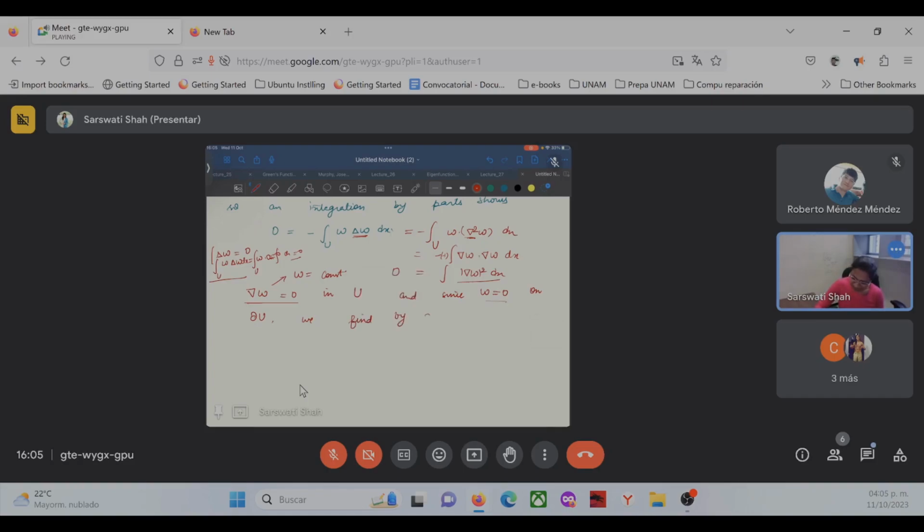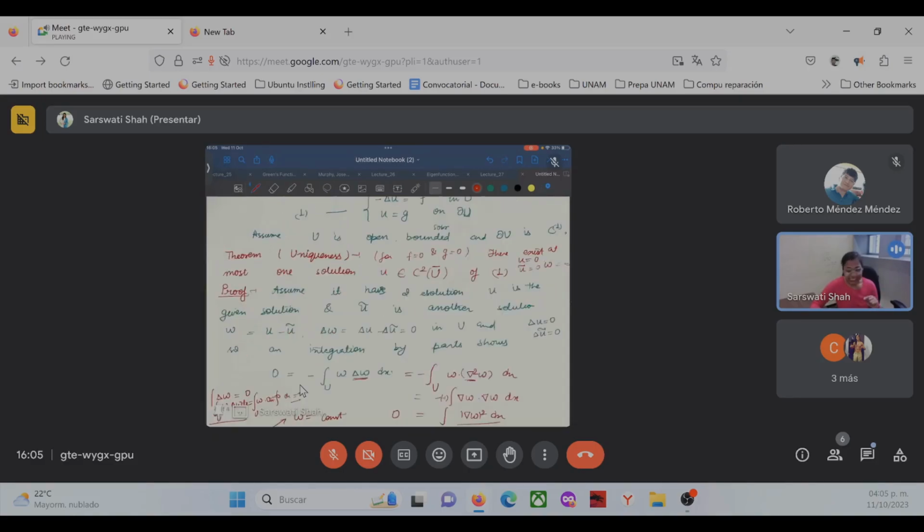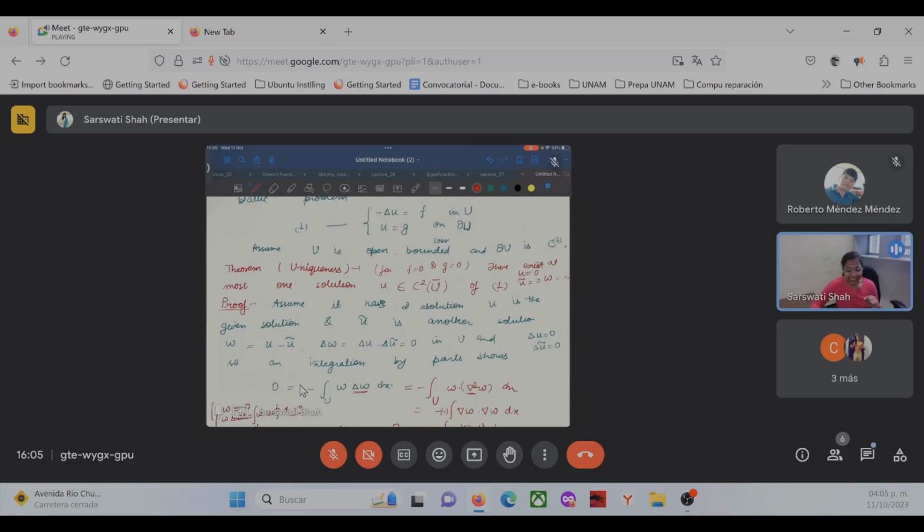So we find by the maximum-minimum principle of harmonic functions that W equals 0 in U. It means U minus U tilde equals 0 in U. It means U equals U tilde in U. It means this Laplacian is going to have a unique solution when it has a zero boundary condition.